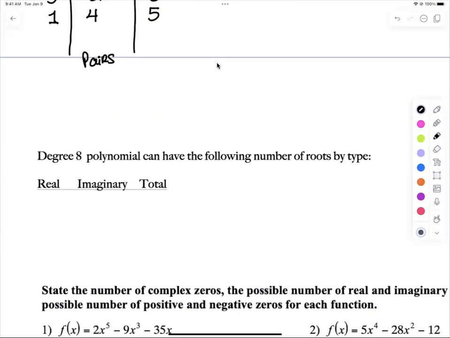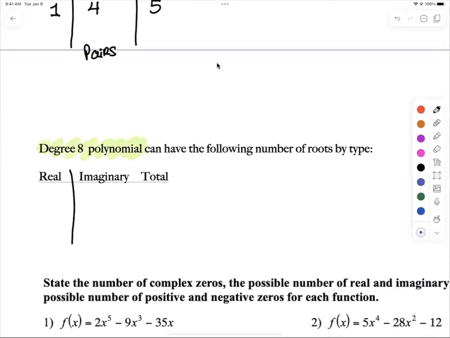Moving to the next page. Here I have a degree 8. And that means I need 8 roots in a combination of real and imaginary. So go ahead, make your columns. I could have 8 real number roots, no imaginary roots, giving me a total of 8 roots. I could have 6 real, 2 imaginary, giving me a total of 8.